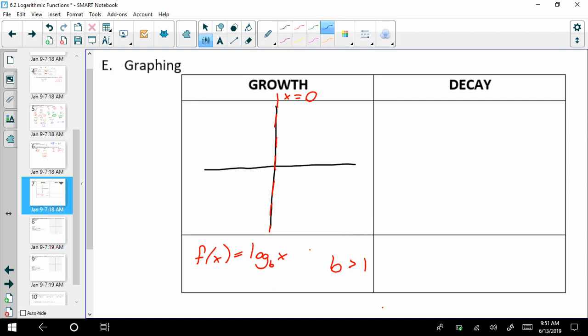And last time, they always had a y-intercept of 1. Because these are the inverse of exponential functions, they will have an x-intercept of 1. And then what you'll see happen is the graph will grow. So literally the exact opposite of exponential functions.